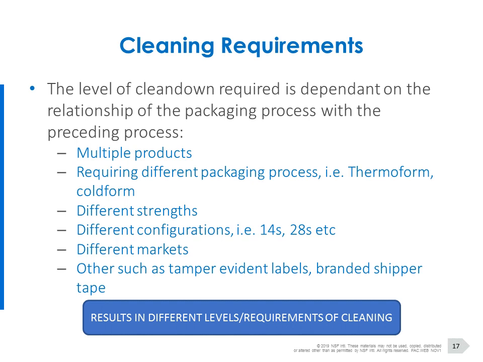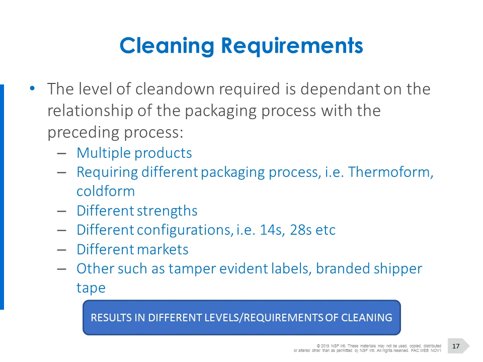So first, before you can do a line clearance, you need to think about the cleaning requirements of a packaging line. And the level of cleaning that is required is dependent upon the relationship of the packaging process with the preceding process. So, are there different products? Is it a different packaging process?